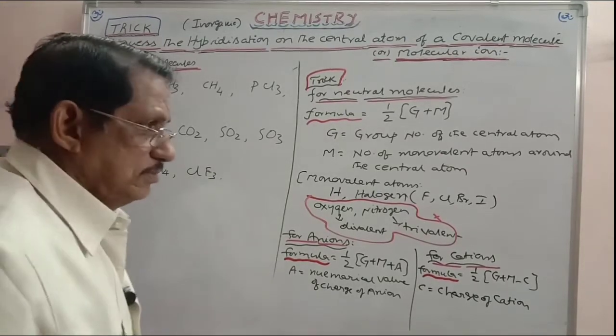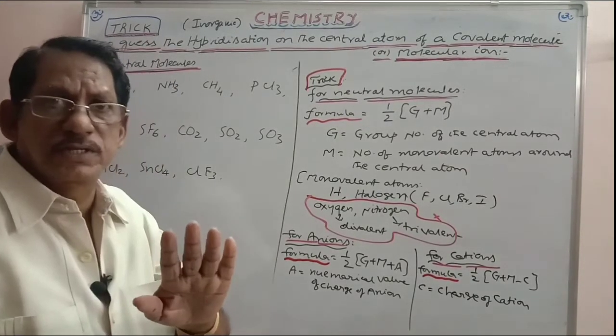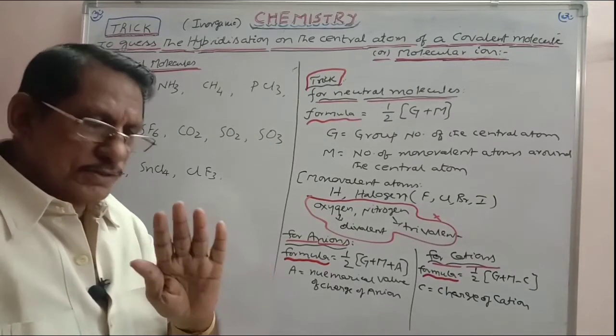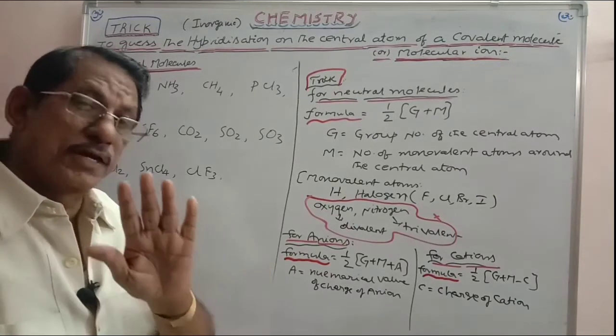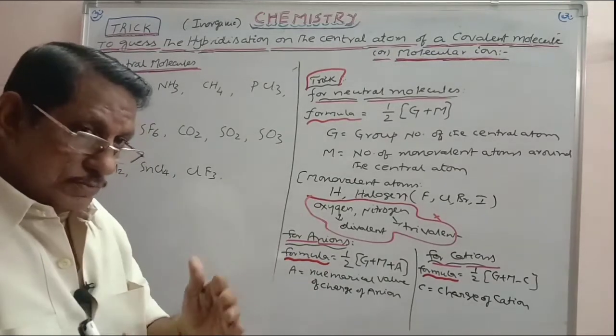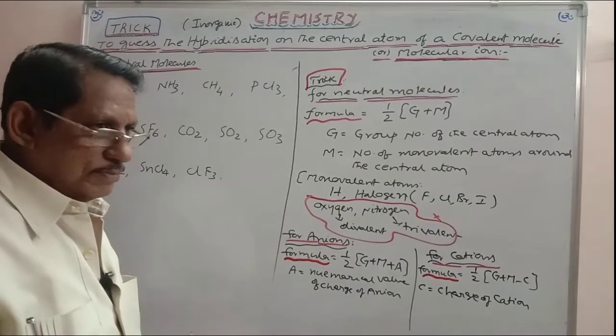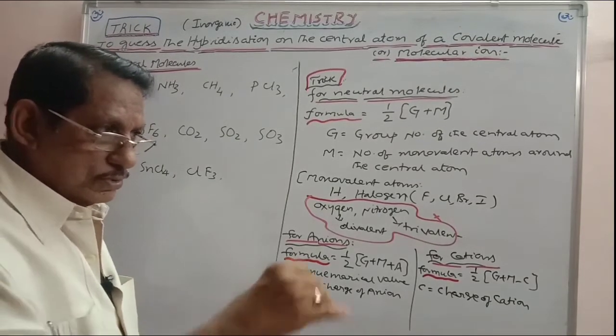Now let us consider some examples to guess the hybridization only, not the actual structure, not the number of pi bonds. That is a separate topic; in part 2 we will consider all those. At present, just guessing the hybridization on the central atom in a covalent molecule or ion.